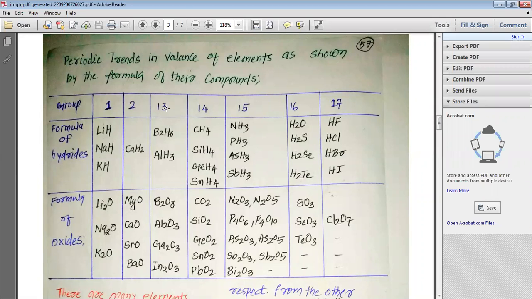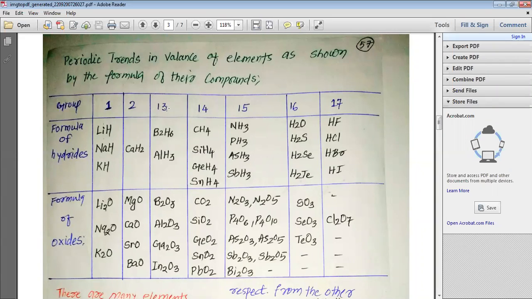But please remember, my dear students, that here the hydrides, what we say, are not actually hydrides, but hydrogen here is in the positive oxidation state, whereas nitrogen, phosphorus, arsenic, and antimony acquire the -3 oxidation state. Same way, you can see both oxidation states: in N2O3 nitrogen is +3, in N2O5 nitrogen is +5.